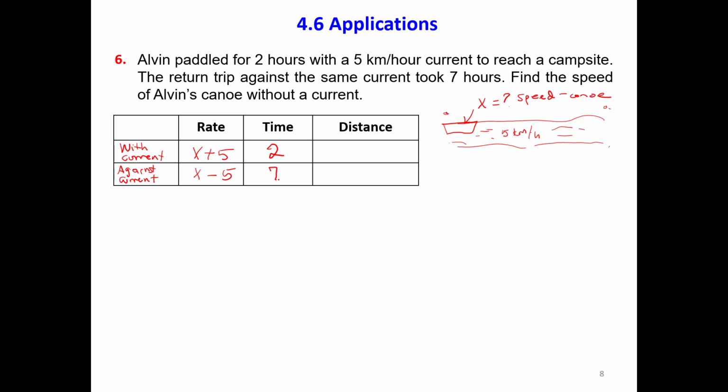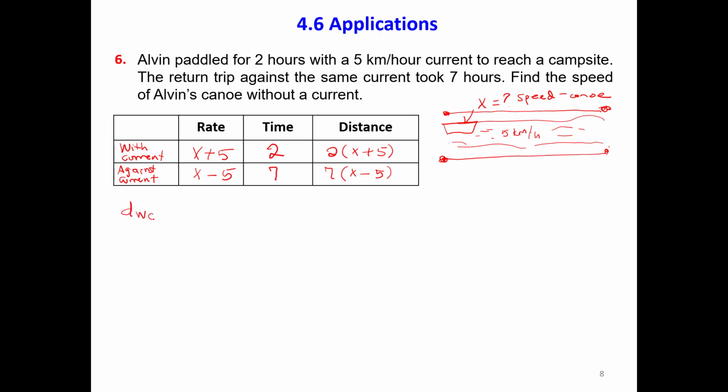And we know how to get the last column: we multiply rate times time. Then it's 2 times (x plus 5), and here 7 times (x minus 5). Another thing we know: when he moved from this point to this point, and then back, the distances are equal.